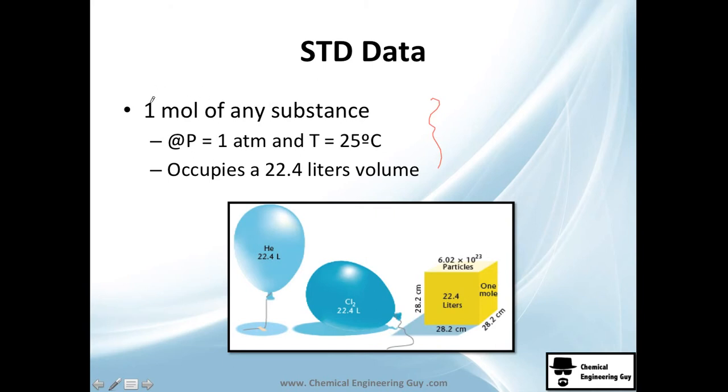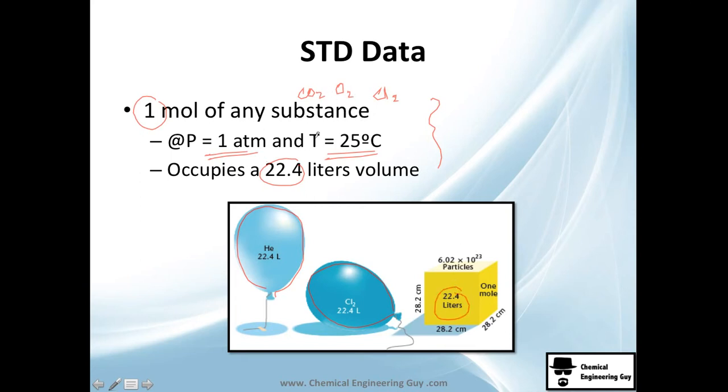This is a fact: 1 mole of any substance, it could be CO2, O2, chlorine, anything, at 1 atmosphere and 25 Celsius will occupy 22.4 liters of volume. To get an idea, all gases, helium, chlorine, will occupy 22.4 liters in this condition.